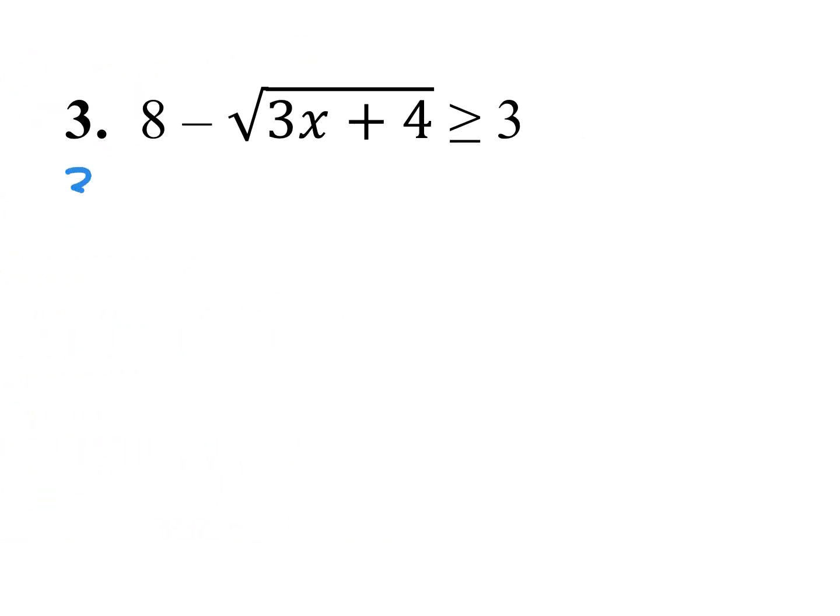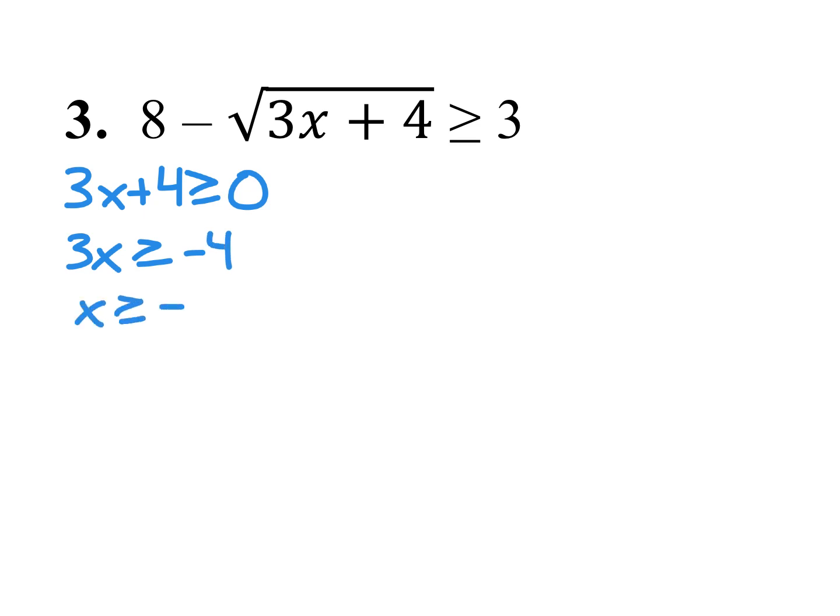All right, start with the radicand. Whenever you have an even index, the radicand has to be non-negative. So I solve that. I get x is greater than or equal to -4/3.